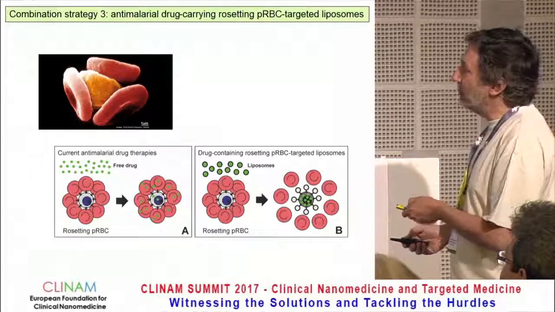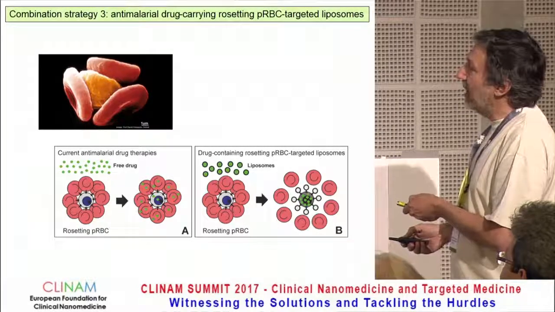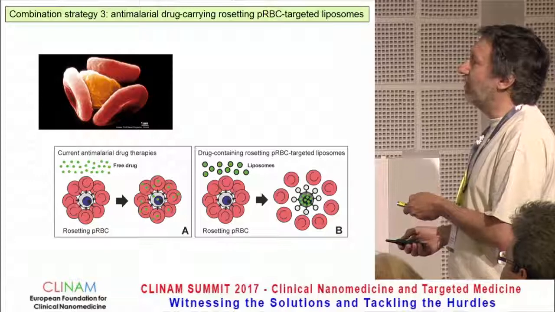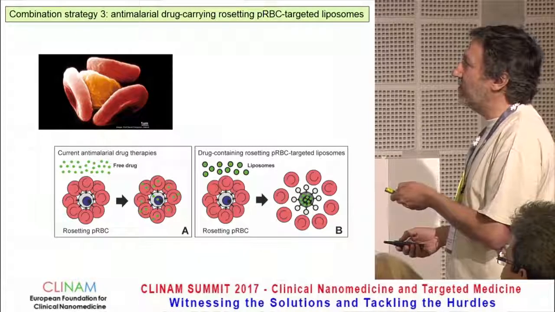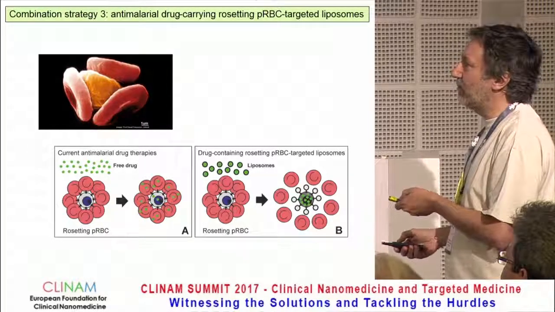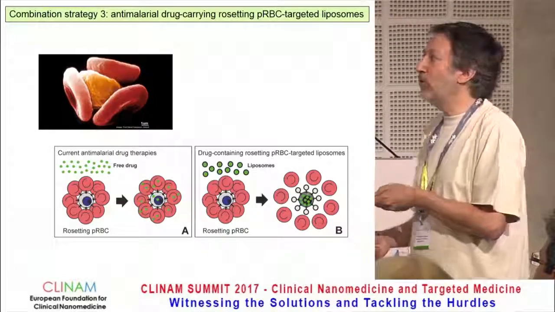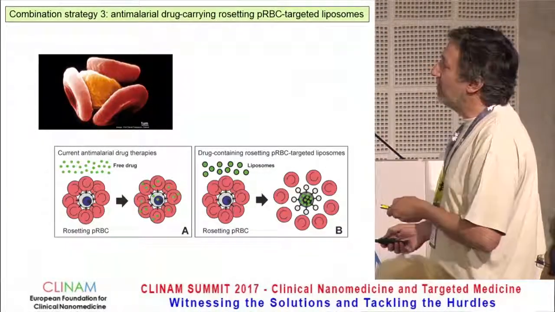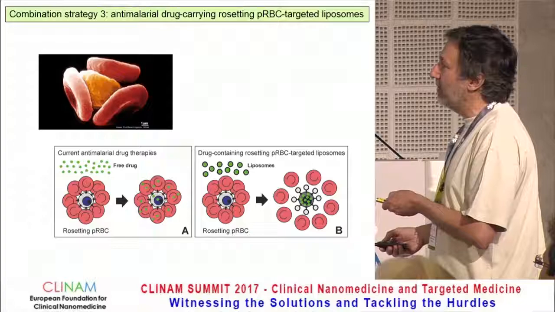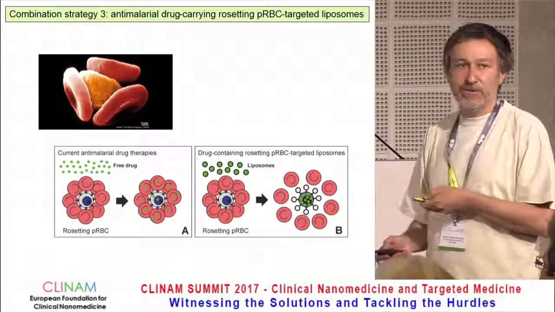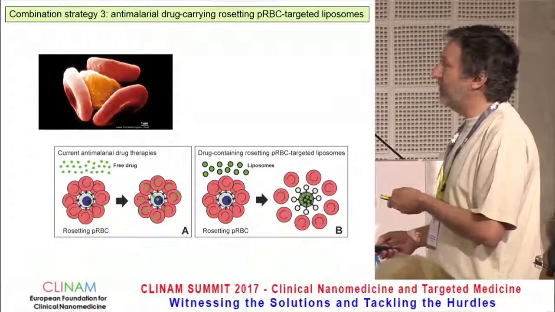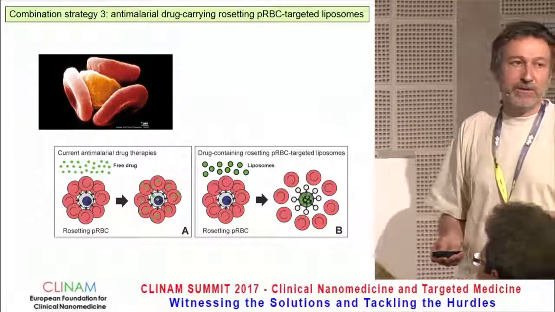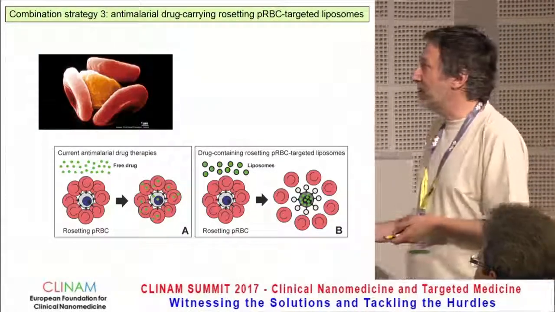If you use for your targeted liposome an antibody that recognizes some of the antigens, like some PfEMP1 epitopes that are involved in rosetting, besides killing the parasite with the drug that the liposomes contain, you could also significantly reduce rosetting in the system, which is also very good news.